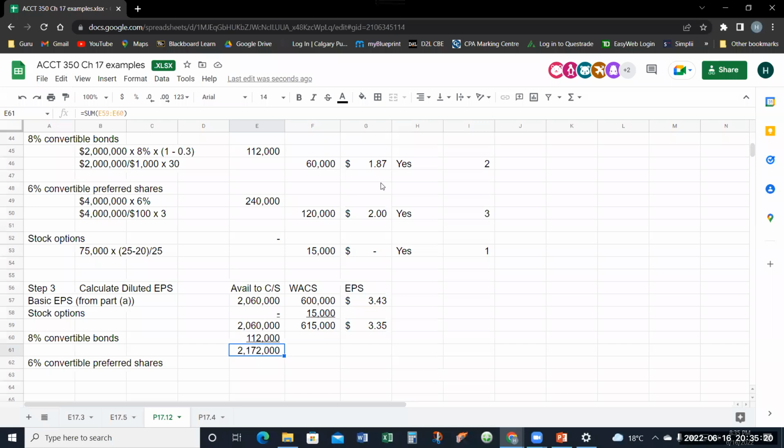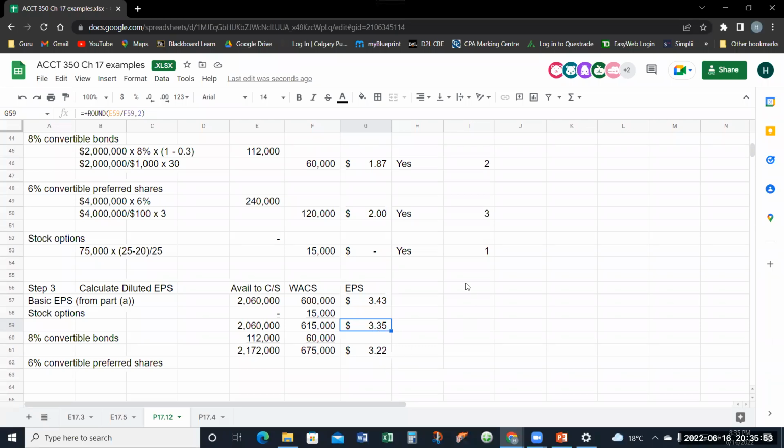But I'll also have 60,000 new shares issued, so my weighted average common shares go up to 675,000. So what is my EPS now? 2,172,000 divided by 675,000 gives $3.22, which is less than $3.35. So it's still getting diluted. All right, that's splendid.